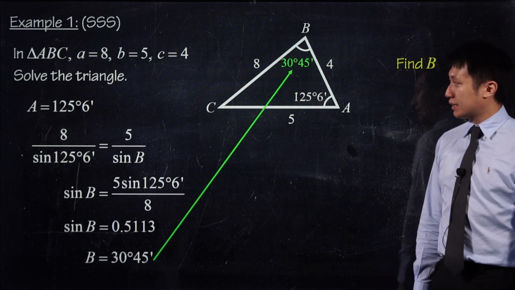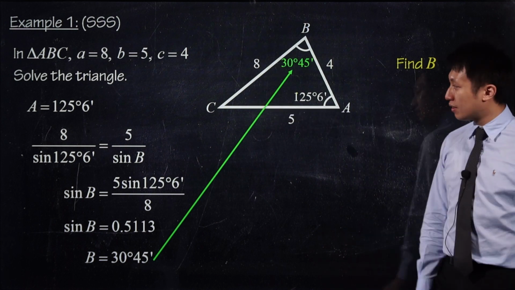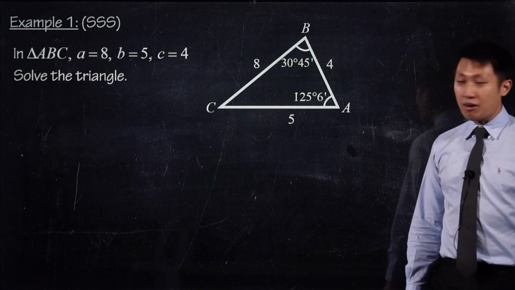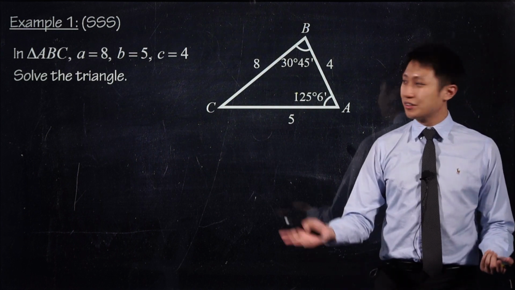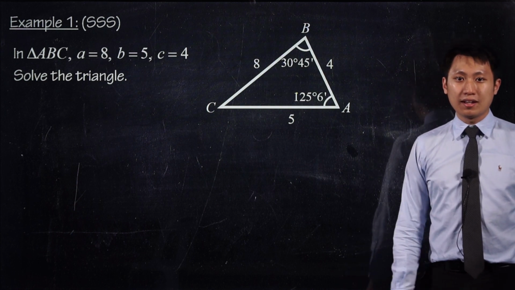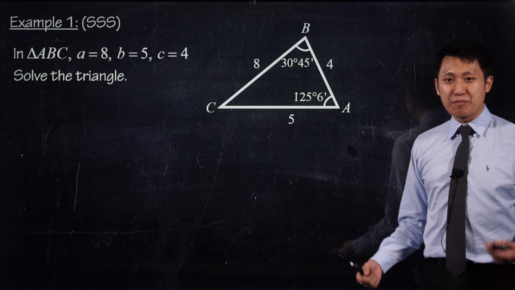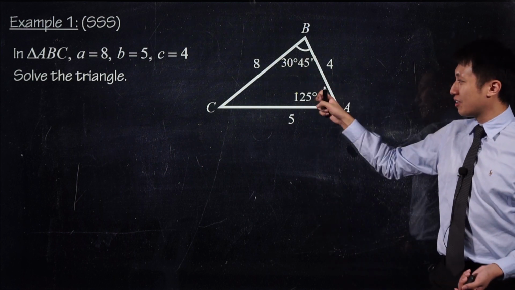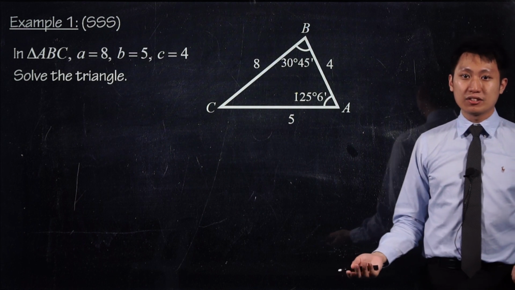All right, next we want to find C. Then we have solved the triangle. Now let me ask you, do you use cosine rule or sine rule for finding this one? No, you don't use any of them, right? Yes, you are clever. Why? Because this plus this plus this should be 180 degrees.